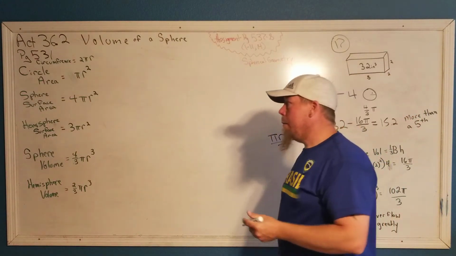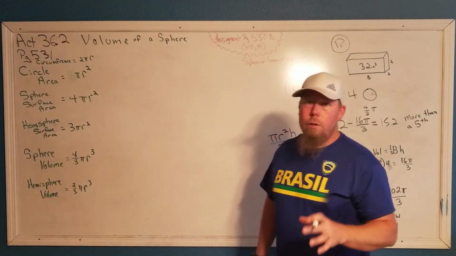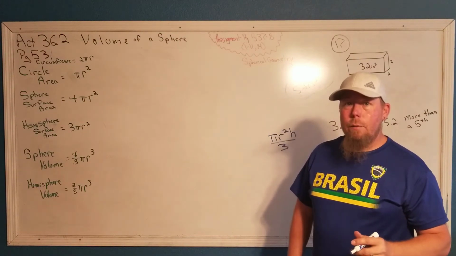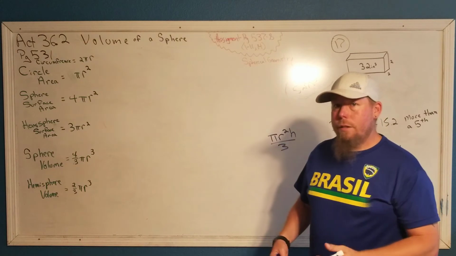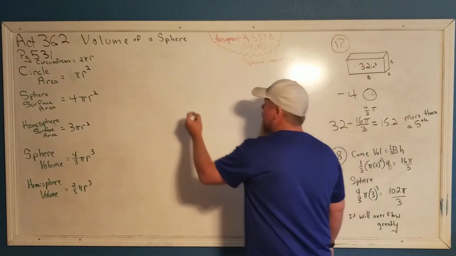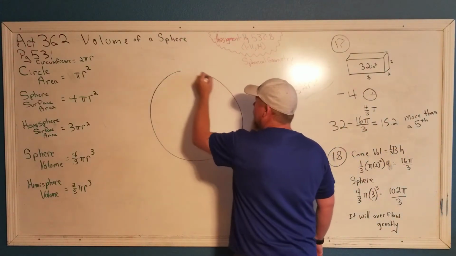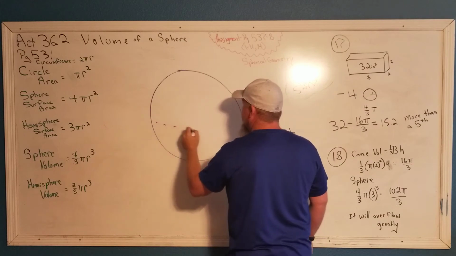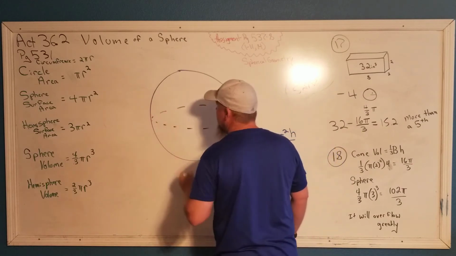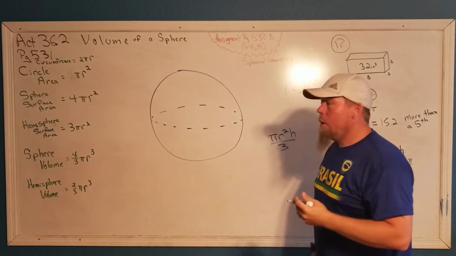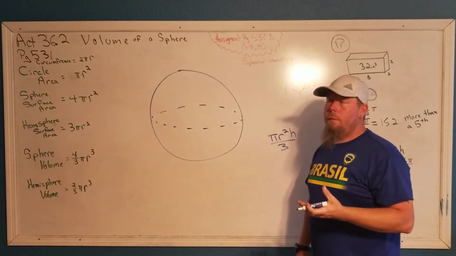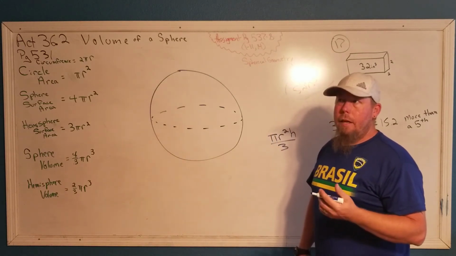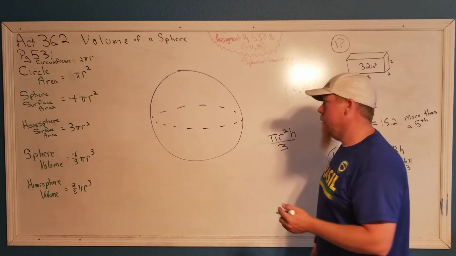So spherical geometry, everything that we've done so far is called Euclidean geometry, and it's dealing with what happens on a plane, what happens on a flat surface. Spherical geometry is talking about the idea of things that happen on a sphere, right? So let's say we have a sphere. And so I'm going to go over one idea, probably one of the biggest ideas, the only thing we really ever test on spherical geometry.